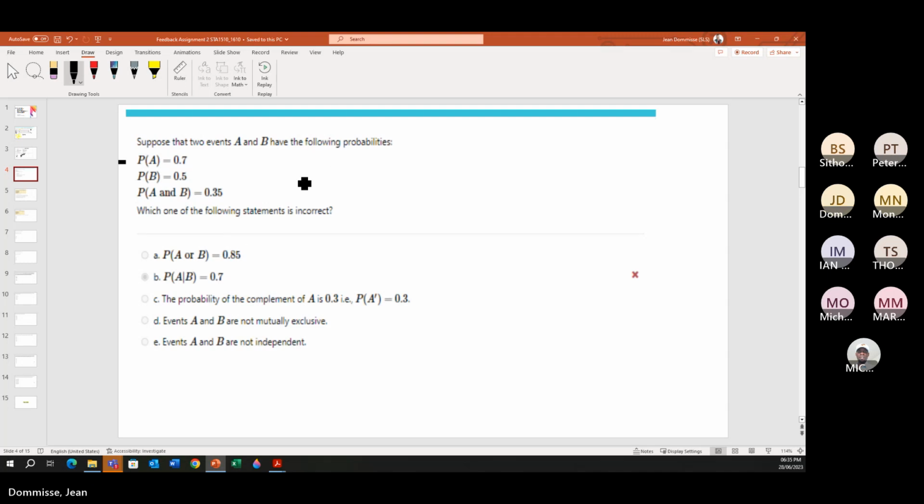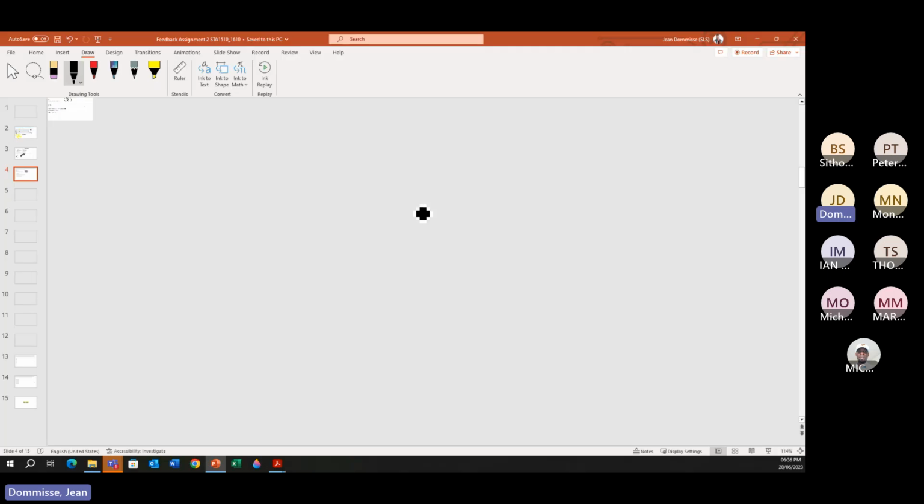So I think what now is important is to look at a bit deeper insight into the probability. So here they tell us, suppose that two events A and B have the following probabilities. So probability of A, probability of B, and then there is the intersection in the middle.